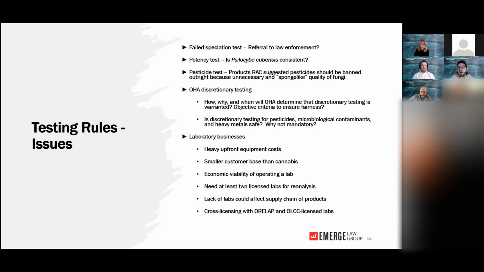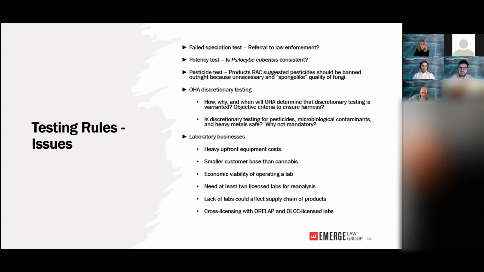Also, 3 of the tests are at OHA discretion. So OHA requests pesticide testing, heavy metal testing, or microbiologicals. And so it's going to be interesting to figure out how the OHA is going to determine who needs to test, when they need to test. It's likely that all of the testing is going to be paid for by the licensees.